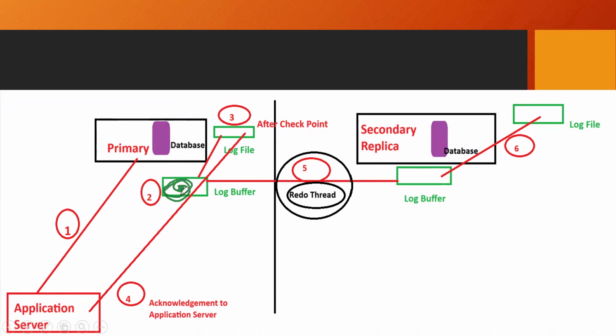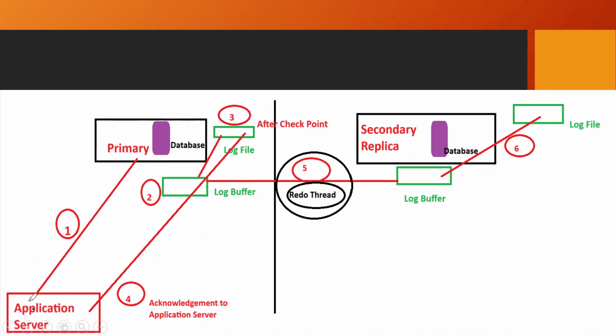After the log buffer, it goes to the log file when the checkpoint occurs; all this data is moved to the log file of the database. Once the log file is written and the data is committed, the acknowledgement is sent to the application server directly from this side.